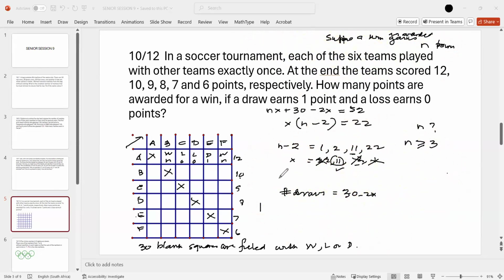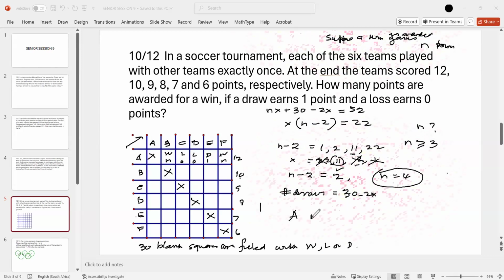So x is equal to 11, and therefore n minus 2 is equal to 2, and n is equal to 4. And that's the number of points. The problem was to find n. So therefore, a win counts n points. Very beautiful problem.